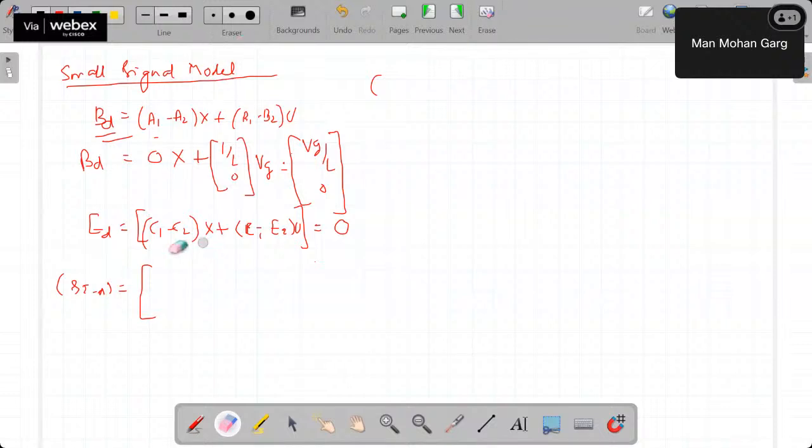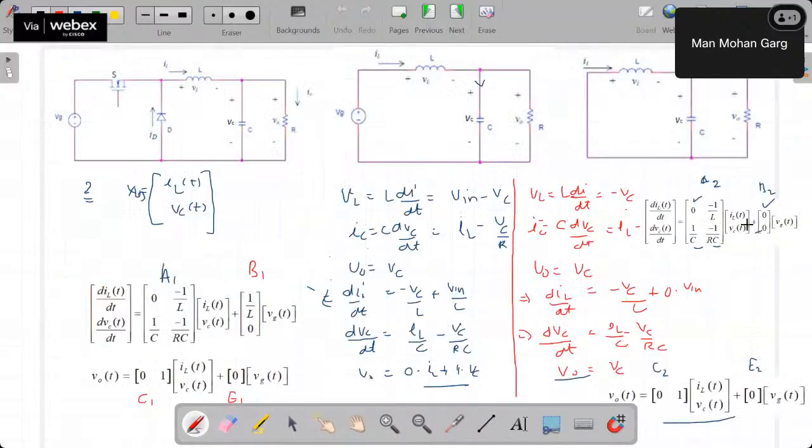So sI, which is the unit matrix. So this is [s 0; 0 s] minus A, and A is already known to us. What is A? A is this one: [0, -1/L; 1/C, -1/RC].